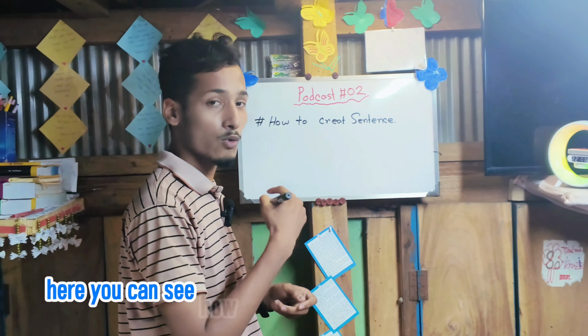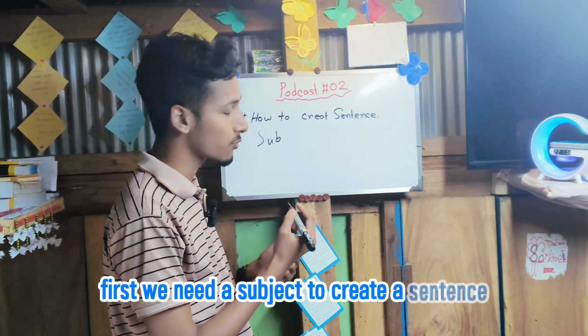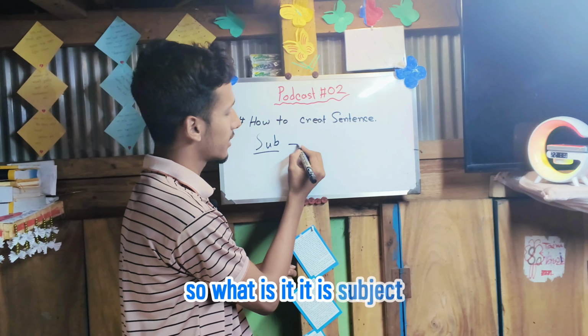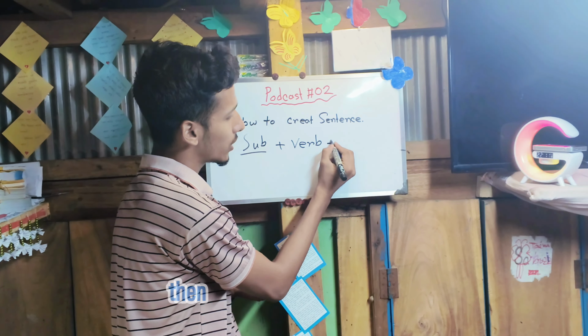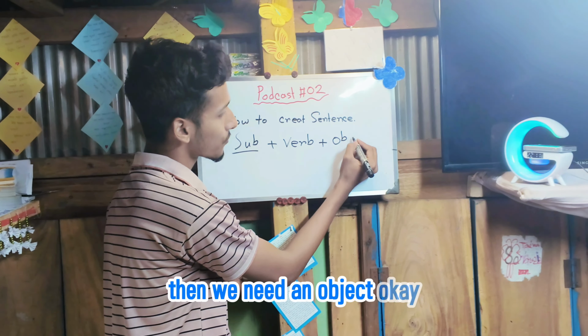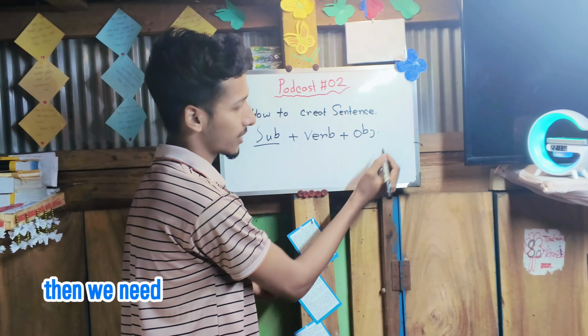Here you can see how you can create a sentence. Subject. First, we need a subject to create a sentence. Then we need a verb. Then we need an object. So subject, verb, then object.